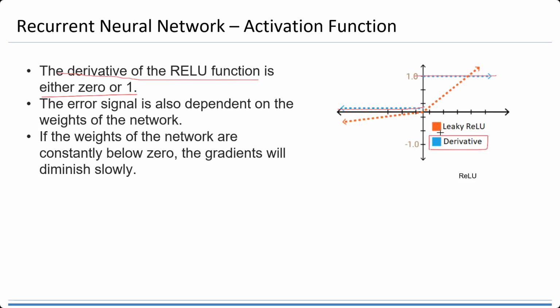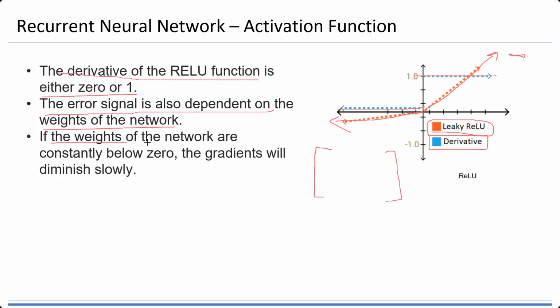There is another kind of variant, we call it leaky ReLU. If it is leaky ReLU, it can be negative, and if it is positive, it can be higher until some infinite value. So the error signal is also dependent on the width of the network. It depends on the width that you have in your network.